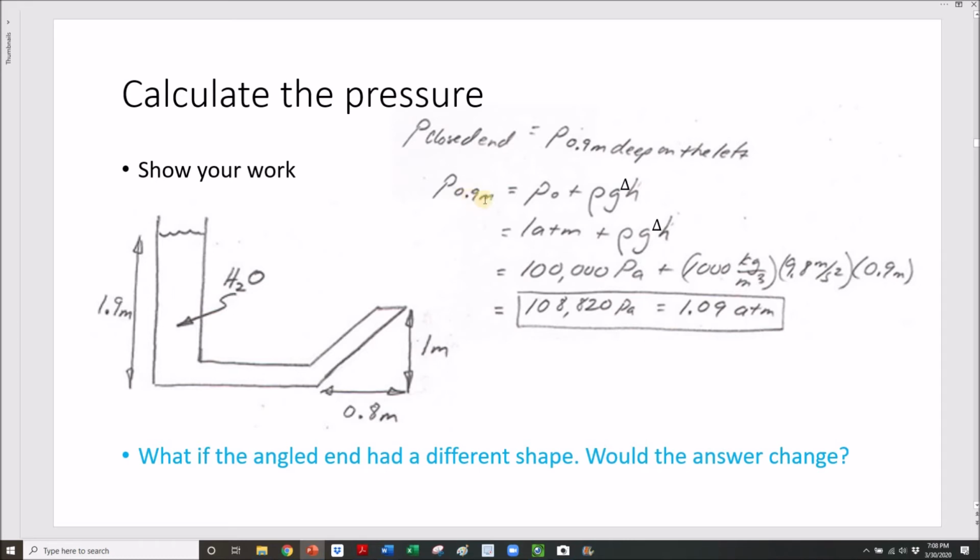The pressure at 0.9 of a meter equals the atmospheric pressure on top plus rho g delta h, which is the density of water, times g, times 0.9, and I get 101,820. All right, if this was angled at some other direction or if it had some other weird shape, it wouldn't make any difference. All that matters is this height difference.